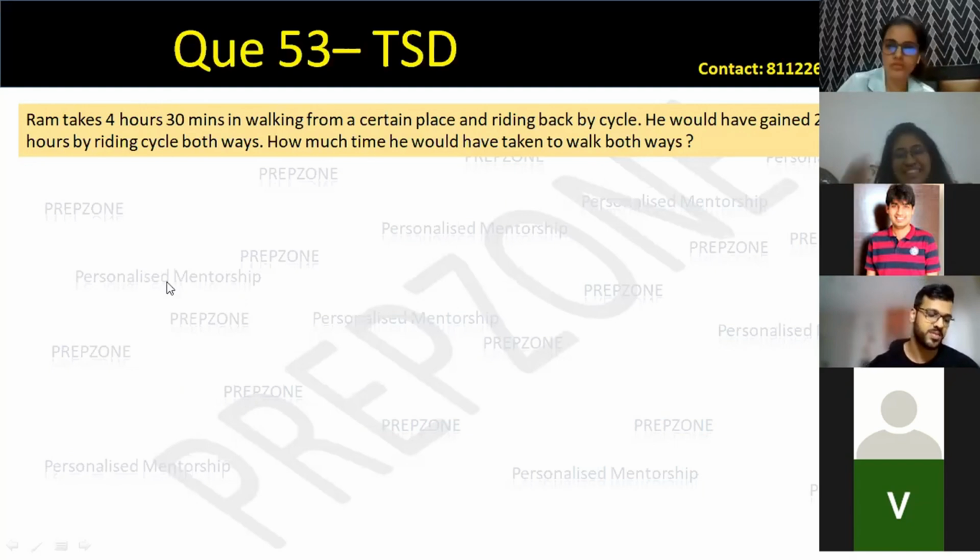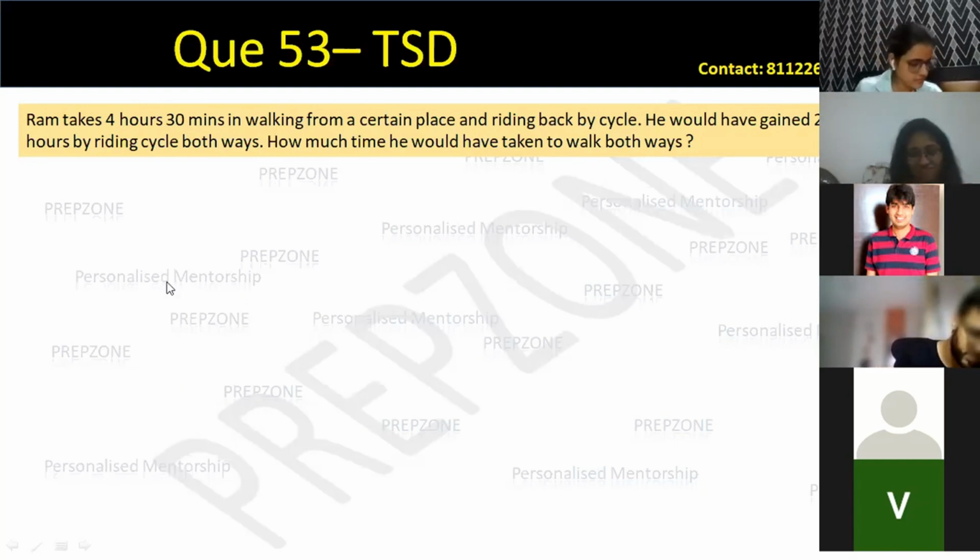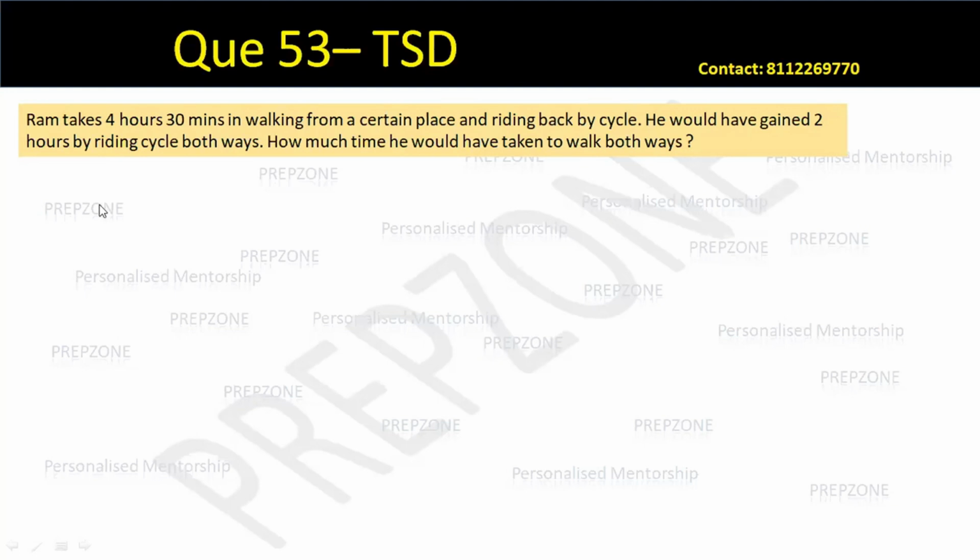See, make a simple diagram. Okay. Ram takes 4 hours 30 minutes walking from a certain place and cycling. He is going from A to B, okay. And this is walk and this is cycling.